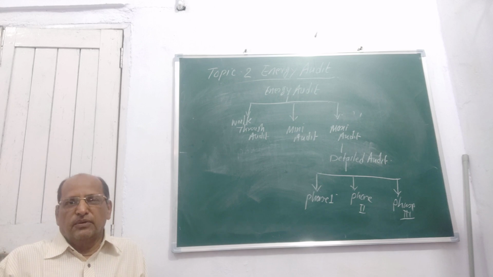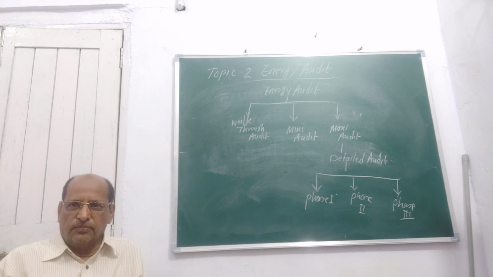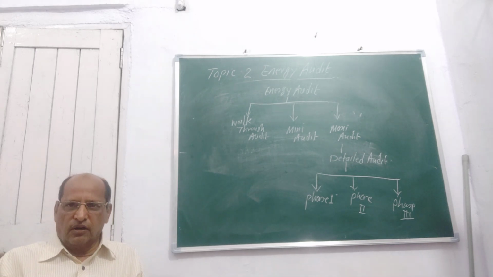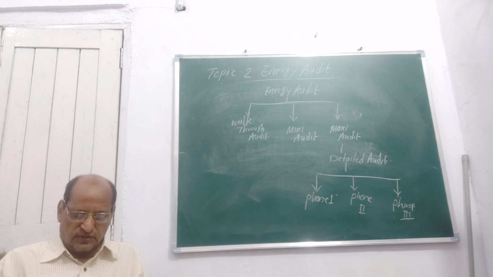Similarly, for water supply, if certain motors are used for water supply in the industry for the process, then you also have to collect the horsepower rating of all the pumps and motors which are utilized for the manufacturing process to provide water or any other liquid required.